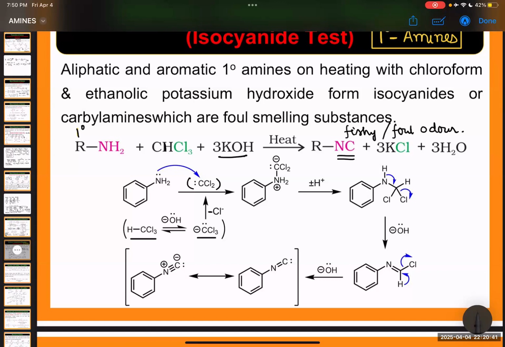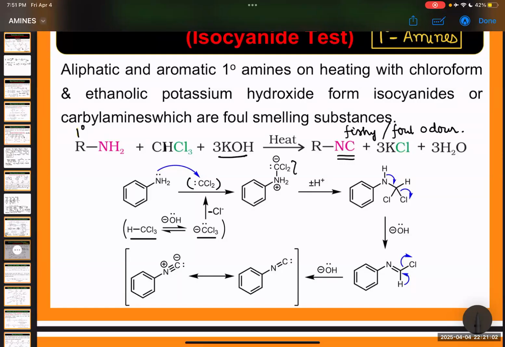Okay. This carbene, though it is neutral, has an incomplete octet. It has only 6 electrons. So it gets combined with the lone pair of aniline because it wants to accept electrons, and the lone pair is freely available.